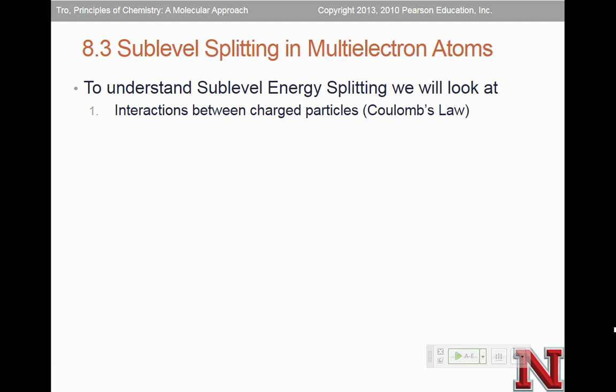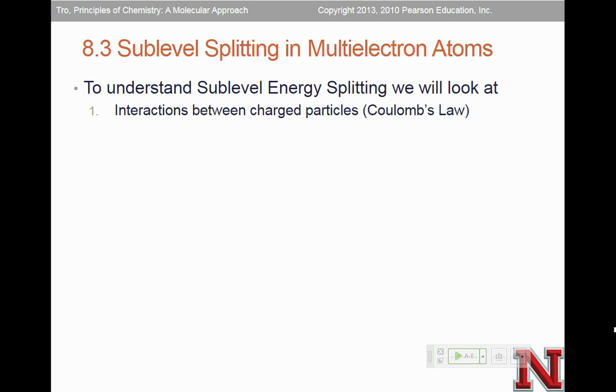Our nucleus is mostly neutral, but our nucleus overall charge is positive. It has neutral neutrons, and it has positive protons. Our overall atom, if it's neutral, is neutral because it has an equal number of electrons and protons. But our nucleus is positive.